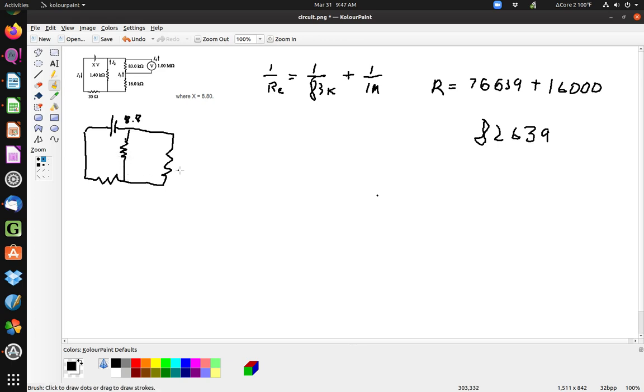So the only thing that's changed here is this value, and that's 82,639 ohms.